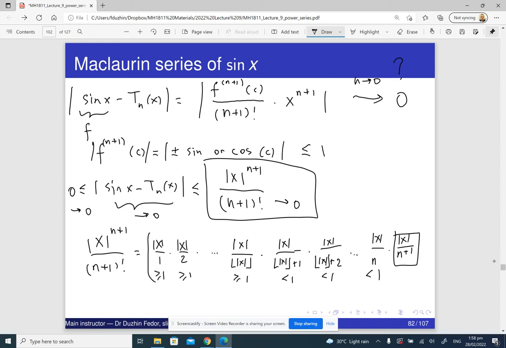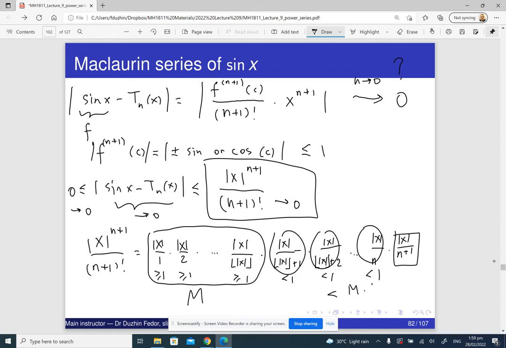Here is what I'm going to do. I'm going to denote this whole thing by some number m, whatever. So all these terms are less than 1, which means that the whole product is going to be less than m times the absolute value of x divided by n plus 1.